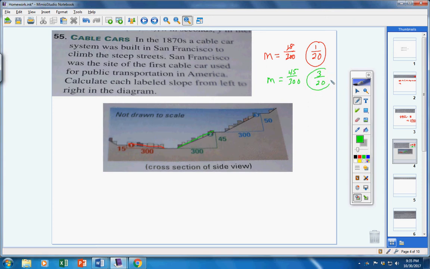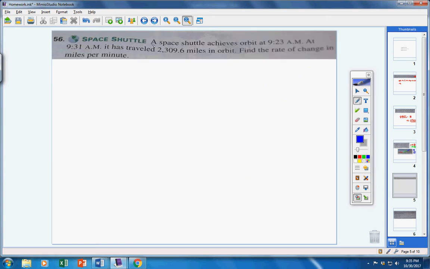So your slope is 3/20ths. And then for the blue line right here, you have rise over run. 50 over 300. Knock off a 0. 5 over 30 is 1/6. And there you go. Okay. Really, really simple. Right, moving on.